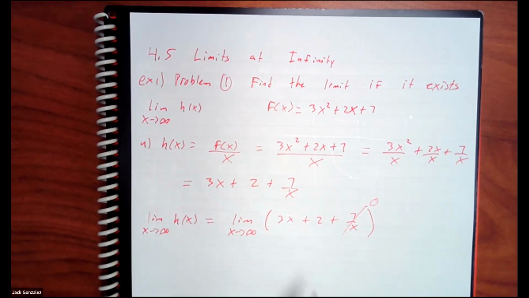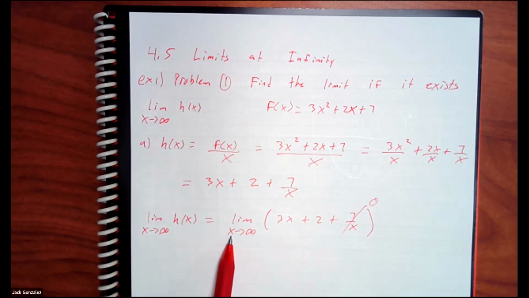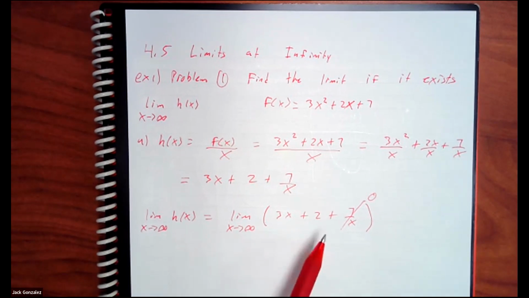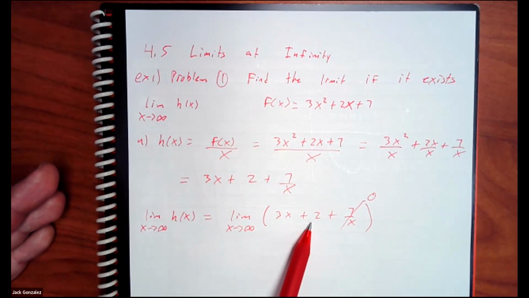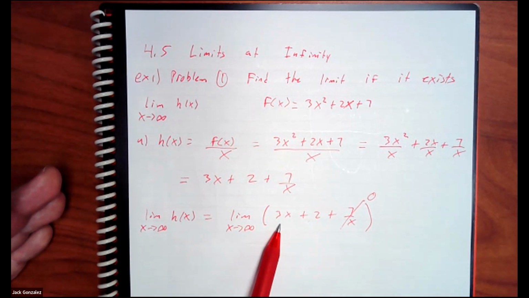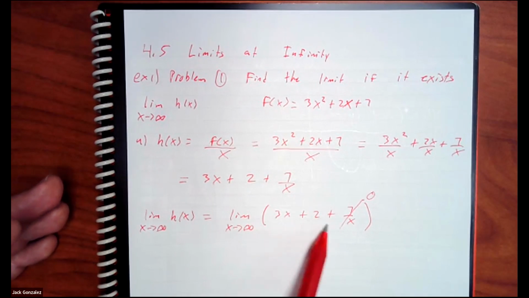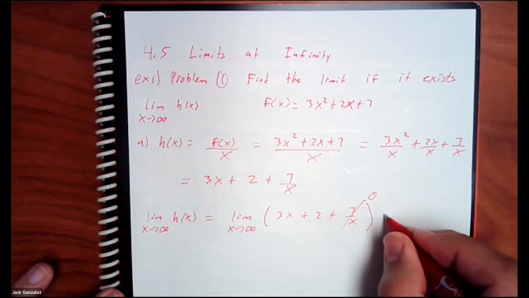There is no x on this one, right? So no matter what x does, if it goes to infinity, this still stays as a 2. It has no impact. This guy, though, will become infinite, right? So infinite plus 2 plus 0, these don't even really matter anymore.